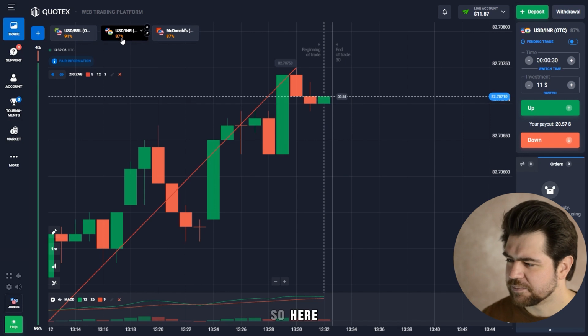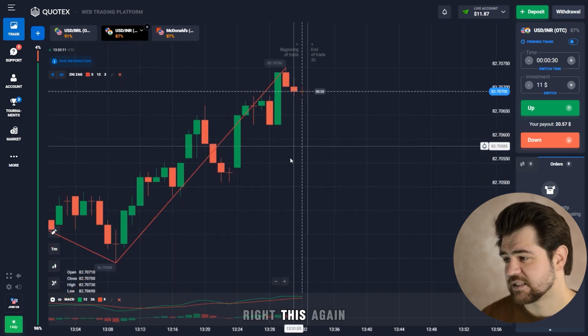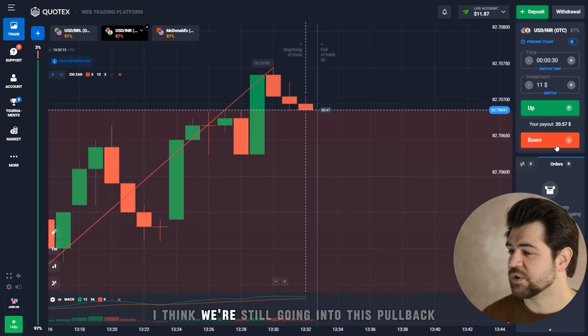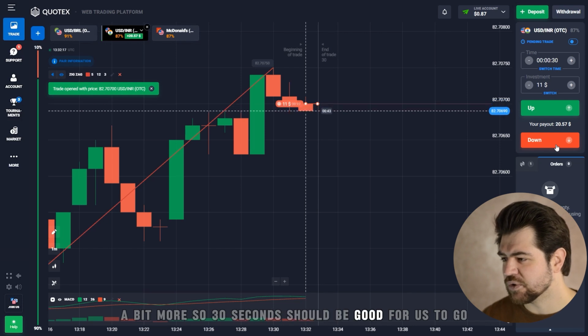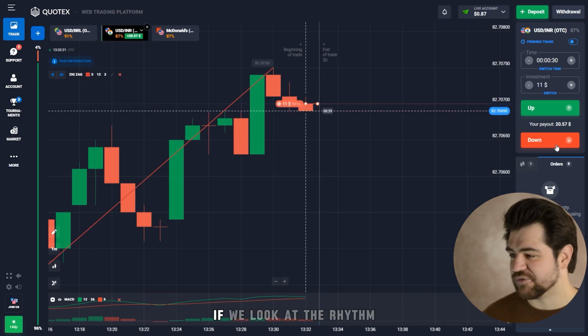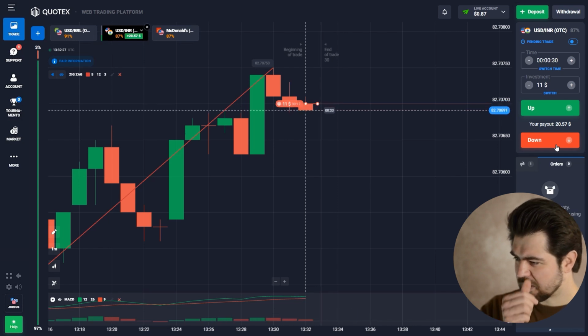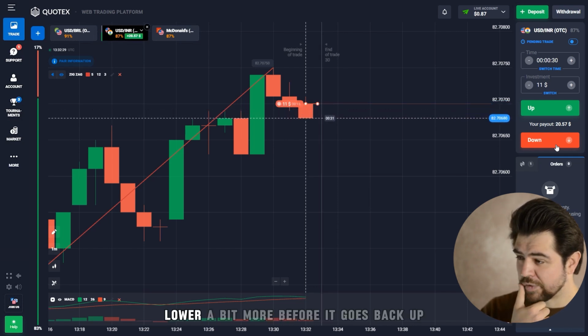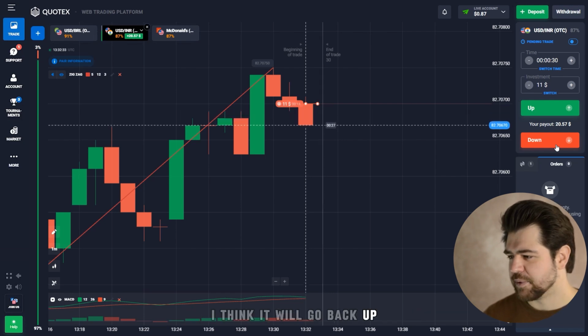This one here. Alright, this again, I think we're still going into this pullback a bit more, so 30 seconds should be good for us to go back down. If we look at the pattern, if we look at the rhythm, I think it's still going to lower a bit more before it goes back up.